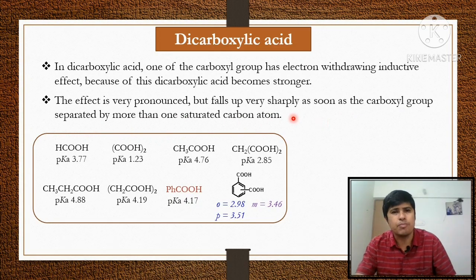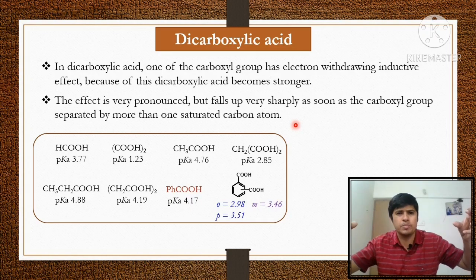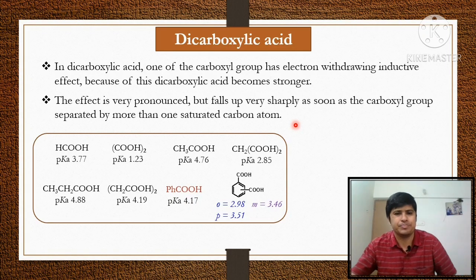It falls off very rapidly: suppose these are the two carboxyl groups, as the distance between them increases, with more carbon atoms between the two carboxyl groups, the acidity of that carboxylic acid decreases.